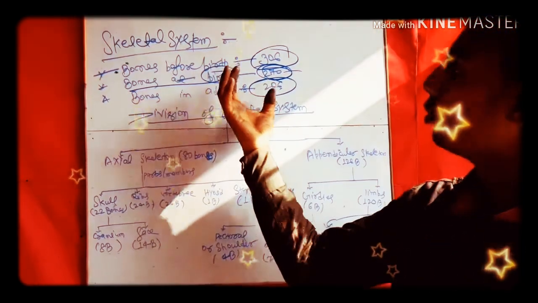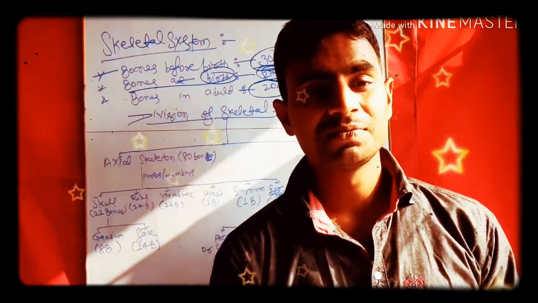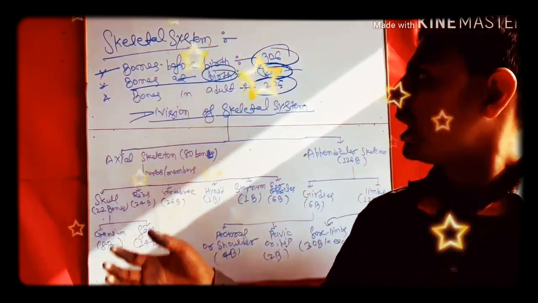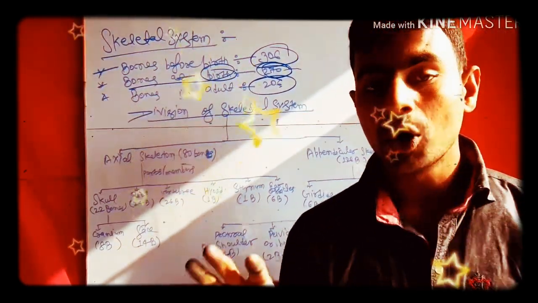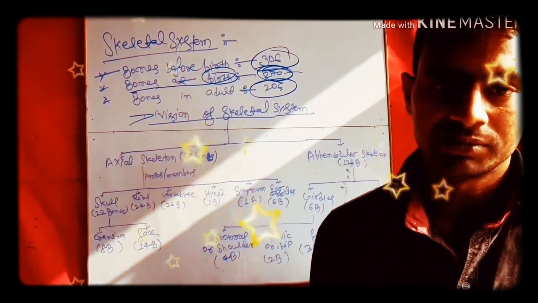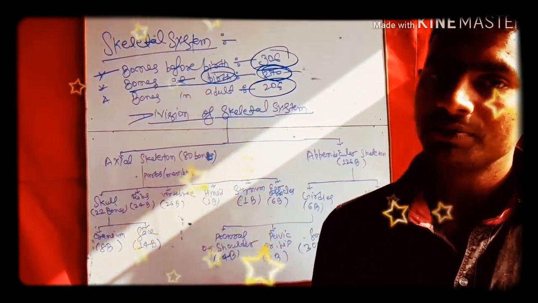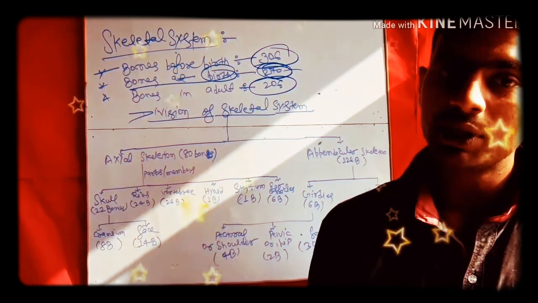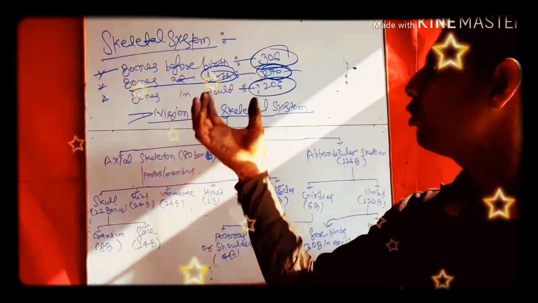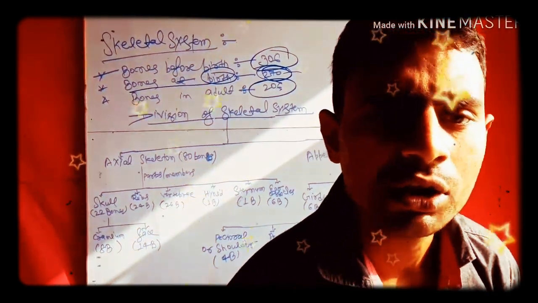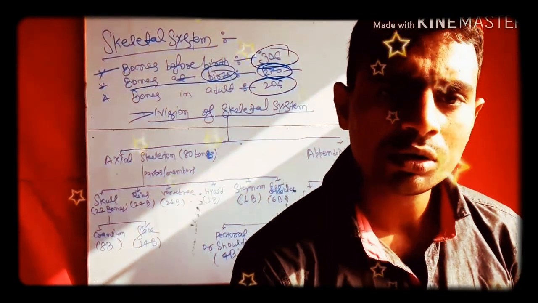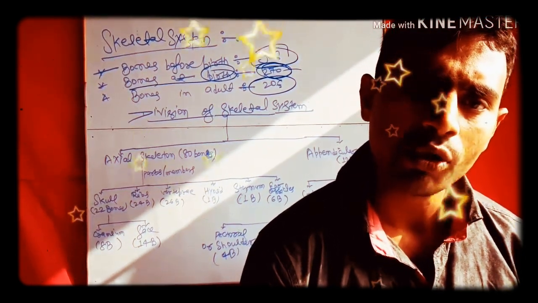But how do the bones decrease? Before birth the number of bones is 306, but at birth, when you come from the stomach to the earth, the number is 270. How does this decrease? What happened to those 36 bones?